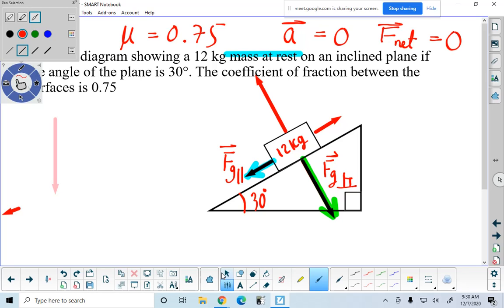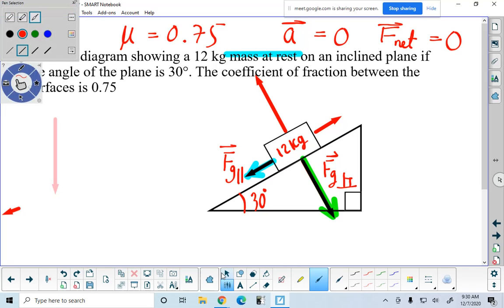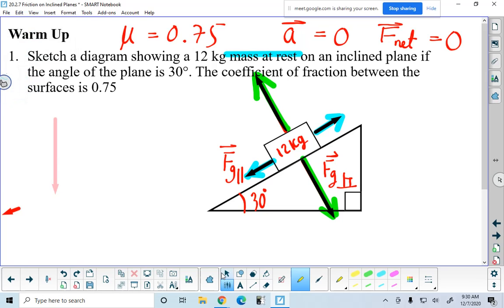And if the net force is equal to 0, all the forces balance. So this force that I've drawn opposite to the perpendicular component of gravity must be exactly equal to the perpendicular component of gravity. And this force, which is backwards towards the top of the ramp, must be exactly equal to the force of gravity acting parallel to the ramp.